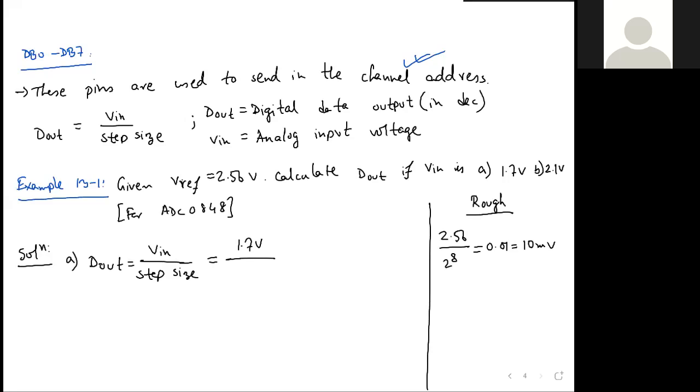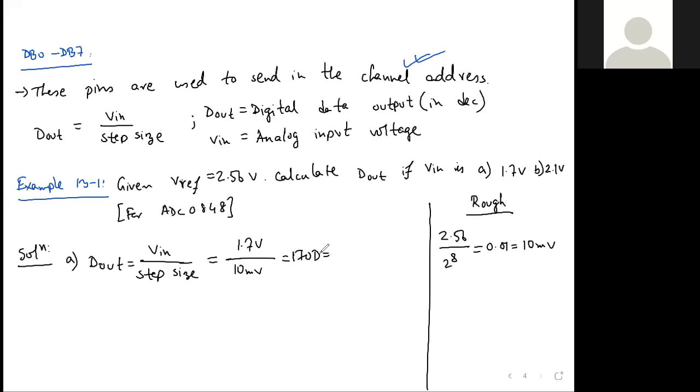All right, so if you say nothing, I will assume you have understood. So divided by the step size of 10 millivolt, the answer we end up getting is 170 in decimal.